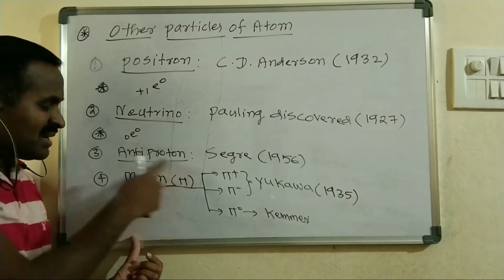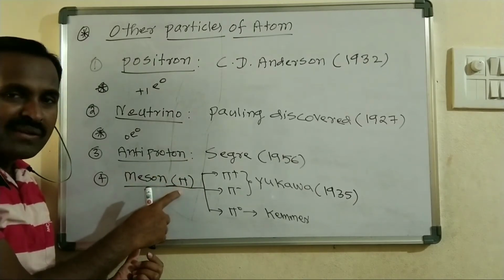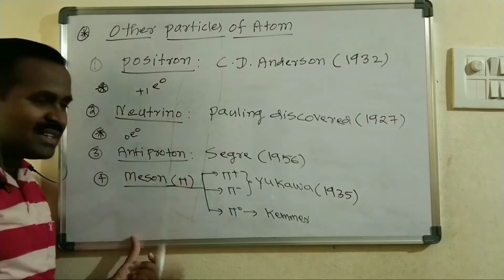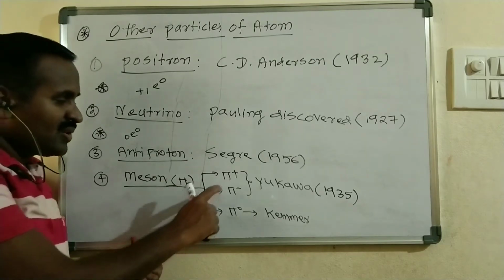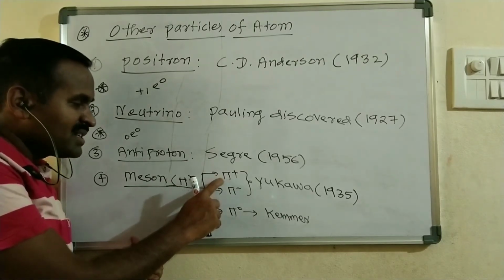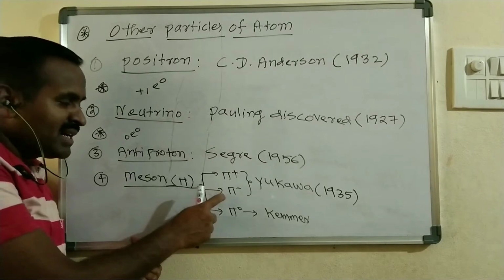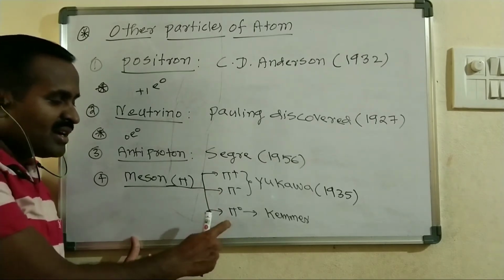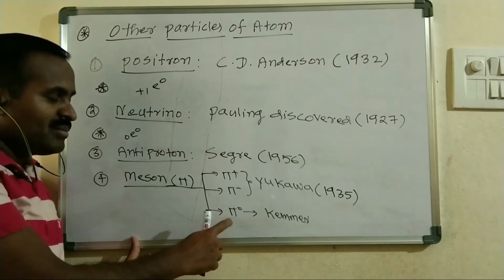Generally the meson is represented by the symbol pi, and mainly there are three types: a positively charged meson, a negatively charged meson, and a neutral meson.